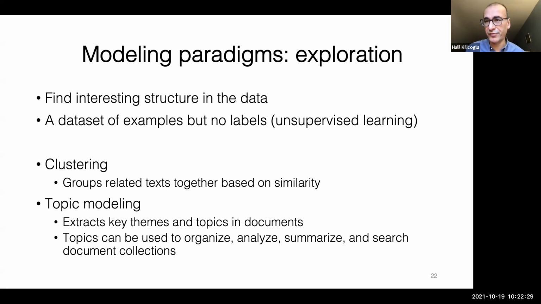Another well understood way of doing this is topic modeling. This is very much used in, for example, digital humanities a lot, and other areas as well. Here, the idea is to understand what are some of the topics that arise from these documents, and represent each document as a mixture of these topics. This document is, let's say, 40% about sports, 20% about politics, etc. You can think of it that way.